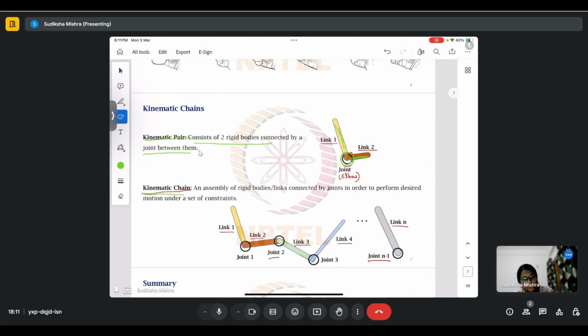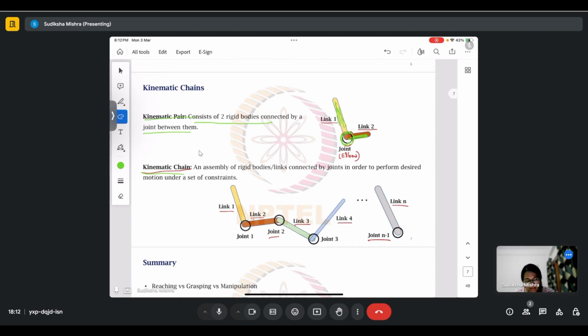For example, this might be your thigh, and this might be the shank or the shin, and this is the knee joint, or this can be the elbow joint, with the lower part of the arm and the upper part of the arm. This particular system is called a kinematic pair, where there are two rigid bodies, and by rigid bodies the assumption is that they undergo no deformation if forces are applied on them. They're not elastic.